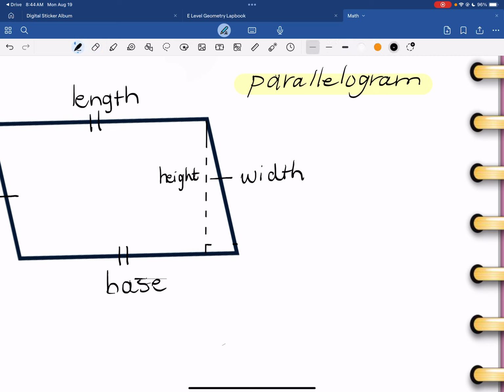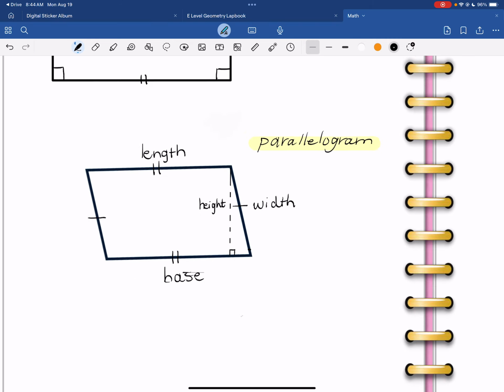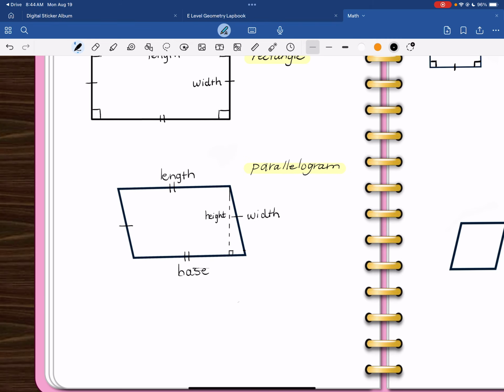Okay, so this is your 90-degree height for the parallelogram. So parallelograms have bases, widths, and heights. They're quadrilaterals because they have 4 sides and 4 angles. Their angles are not 90 degrees. They're leaning.